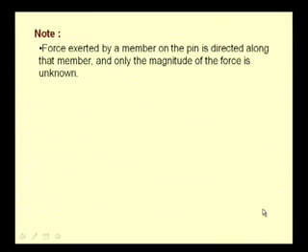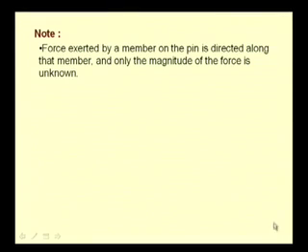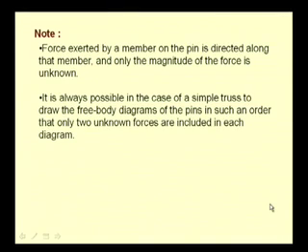Few more points to be noted are that if the geometry of the truss is known, then the direction of all the internal forces, that is the forces that exist in each of the members, is also known. Only the magnitude of those forces is unknown. And in case of simple trusses, it is possible to draw the free body diagrams of the joints such that at any instant we only have 2 unknowns.